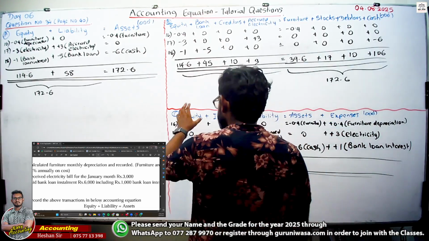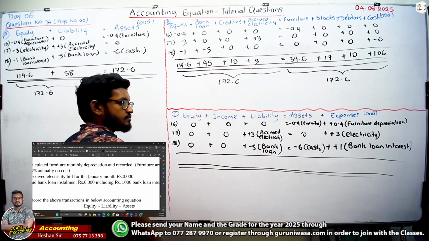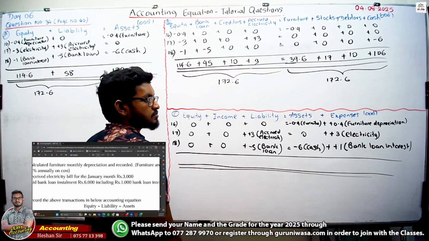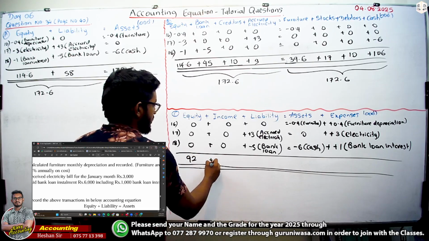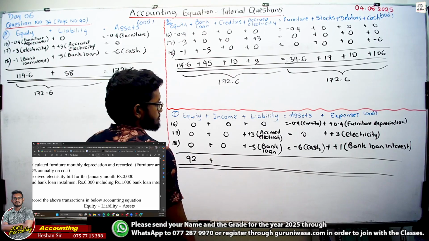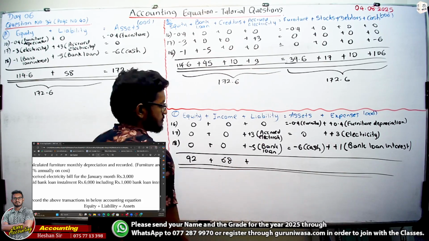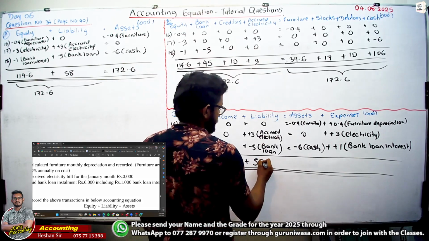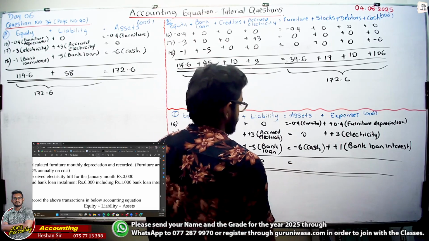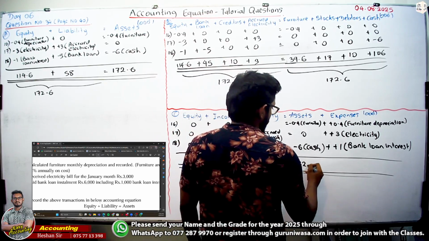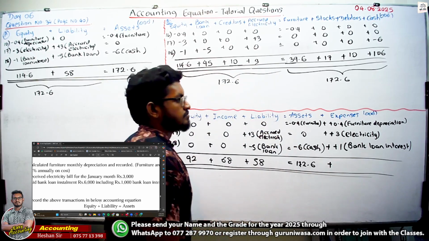In here equity is different from this. How much is the equity? 92. Income 68. Liability 58. Assets 172.6. Expense 45.4.